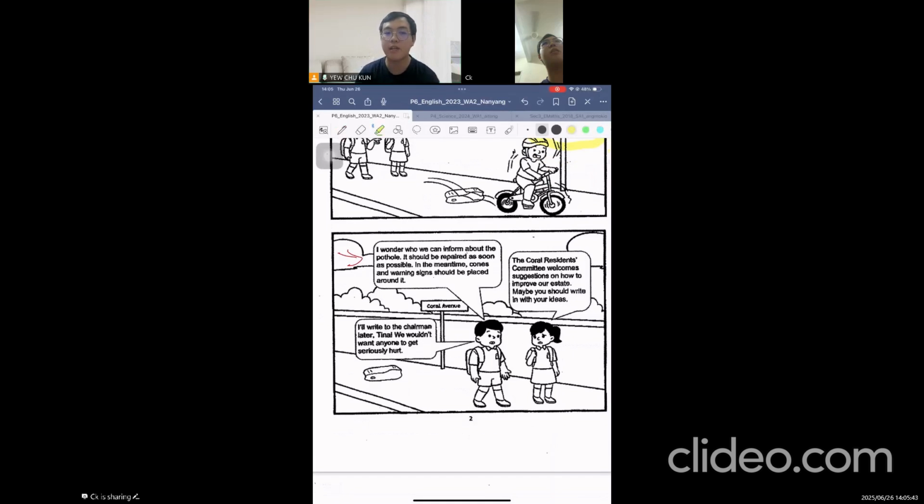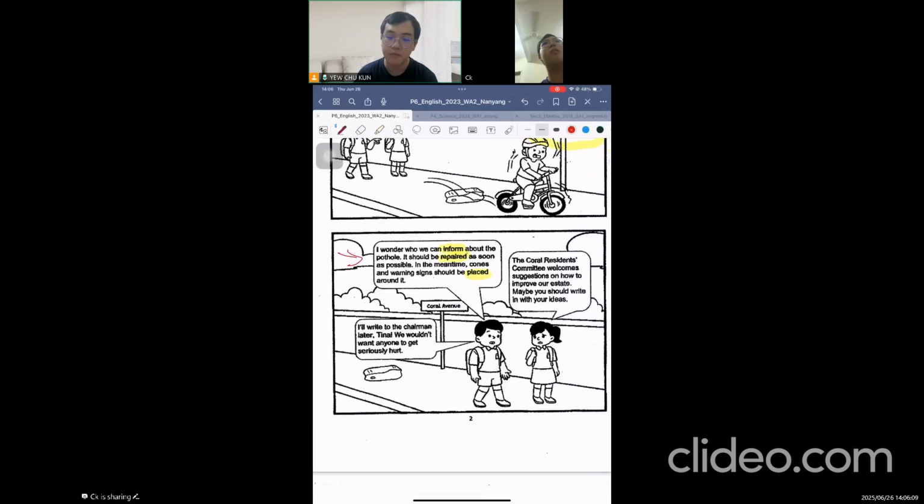When we say action, it is a verb, so we're trying to find a verb in the conversation box. So we can find out that there is a verb called inform. Then place. Then repair. There are 3 verbs.